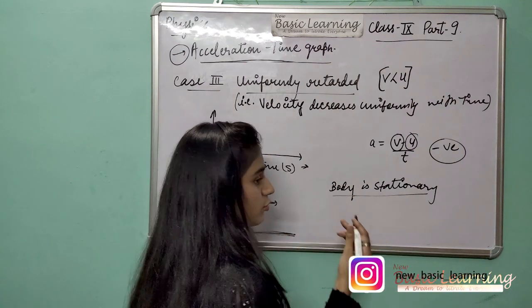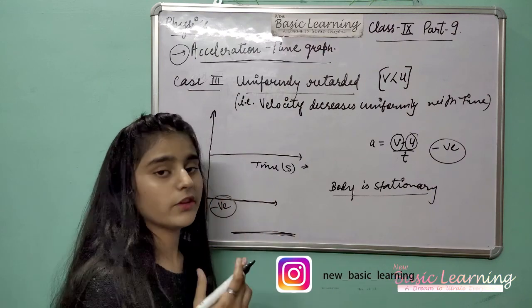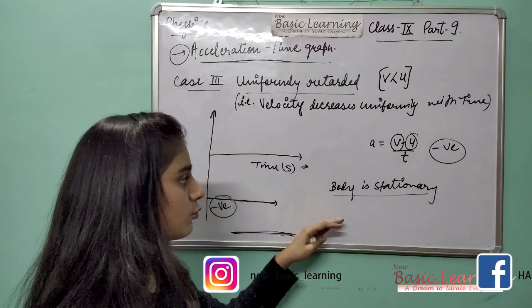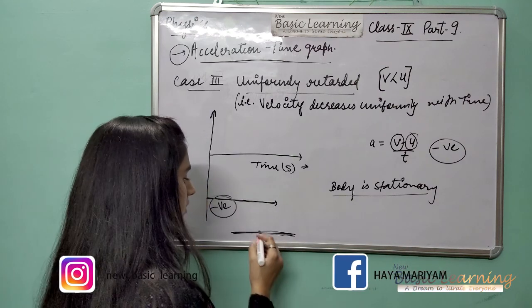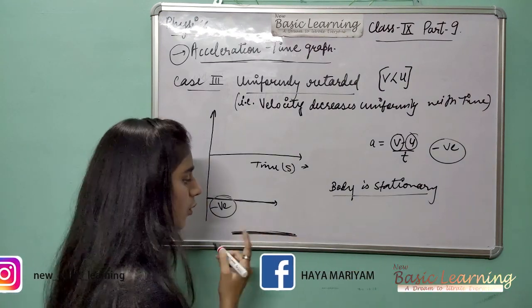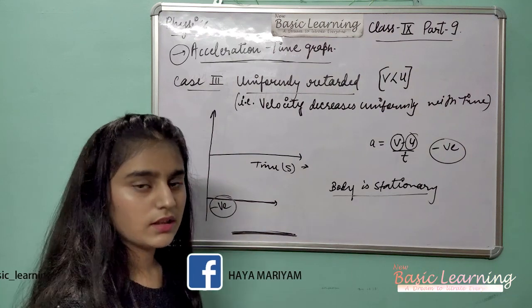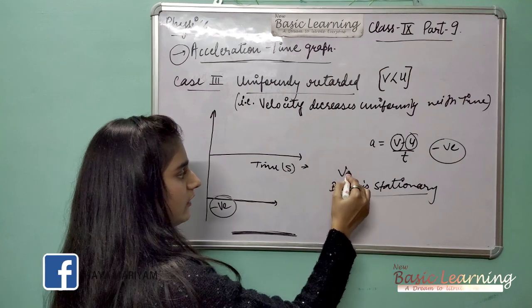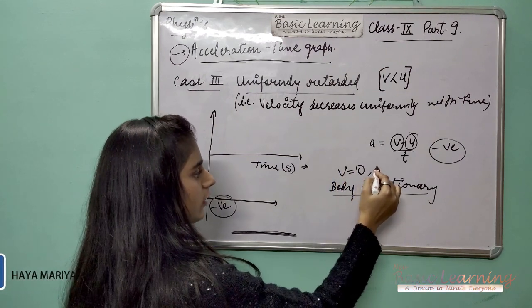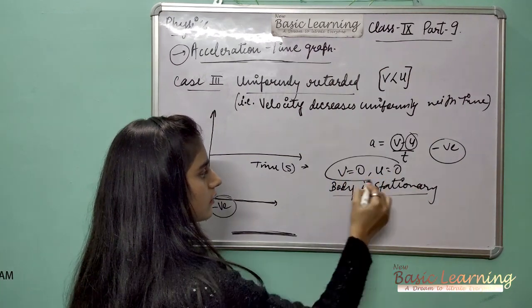And when the body is moving with uniform velocity, then also the graph will overlap on the time axis, because in the first case, when the body is stationary and there is no movement, the final velocity and the initial velocity were 0.